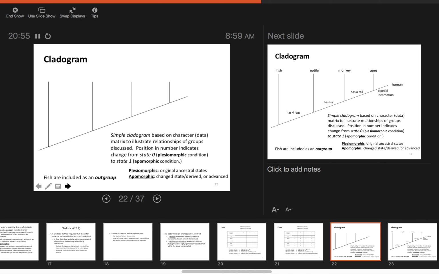Fur. Was it? Yeah. Okay. That's fur, and then I put monkey here. And no tail. Ape. And then bipedal locomotion. Human. And I'll erase all this.